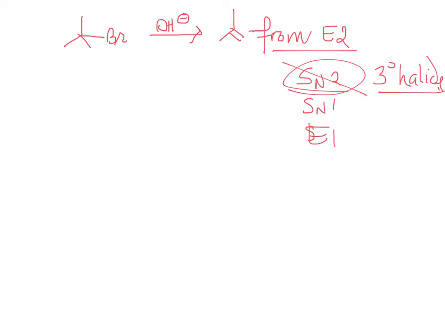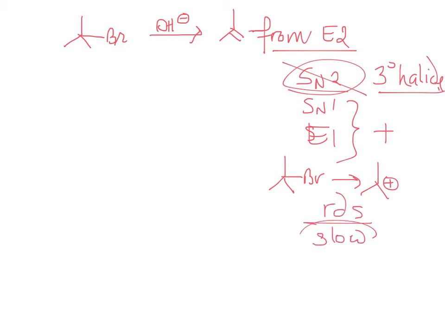So steric hindrance is going to prevent SN2 from occurring. Now, if you consider unimolecular processes, you have to generate a carbocation, only then is the reaction going to go forward. That means the Br has to get converted into the carbocation. And recall what we learned about that. That is your rate determining step. That means it's a very slow step.